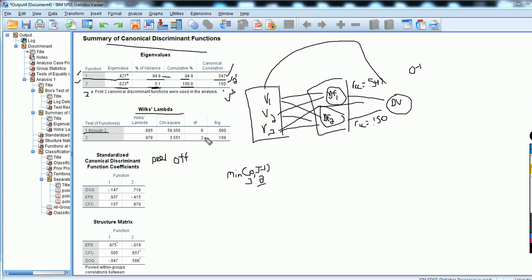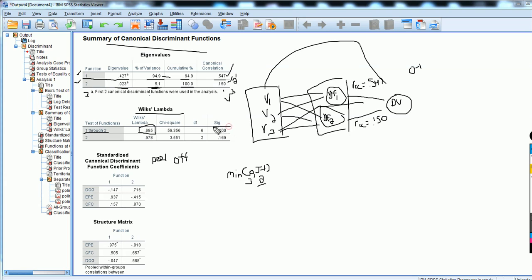And so the Wilks lambda value that you see right here is actually the same Wilks lambda value that you would see if you ran a one-way MANOVA where we had our political group interest grouping variable as the IV and the predictor variables from our discriminant analysis as DVs. Because it's basically testing the overall relationship between the independent variable and DV.